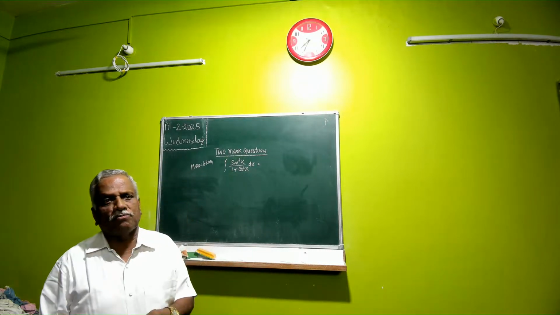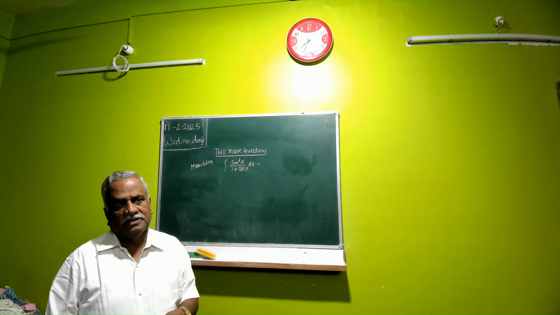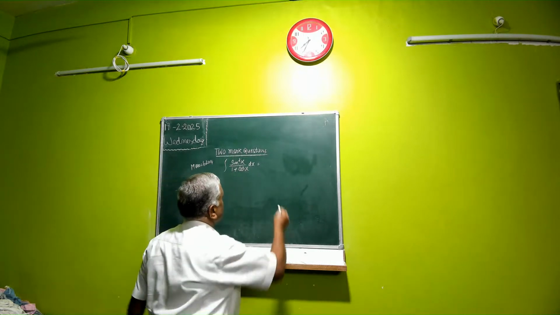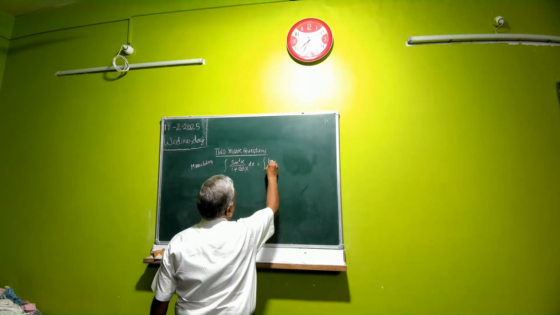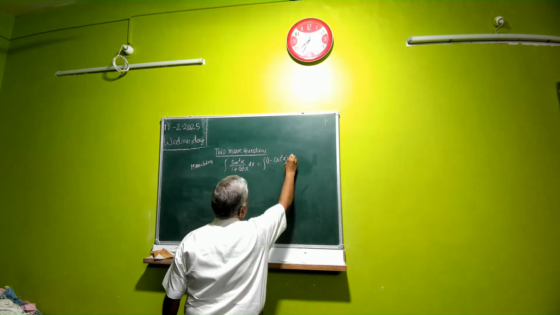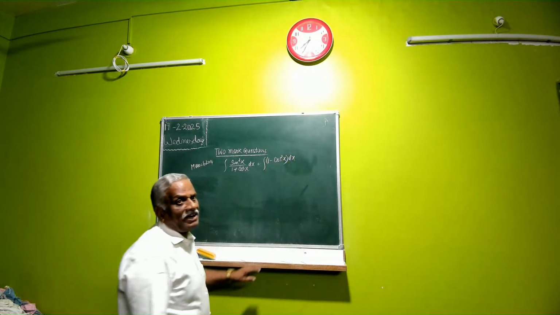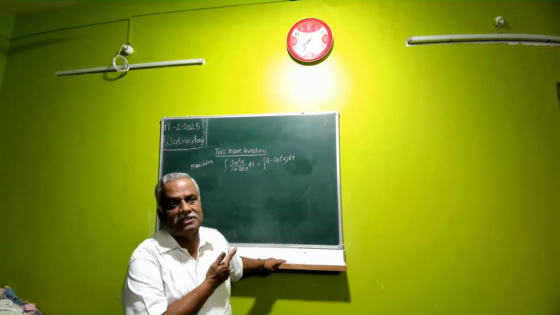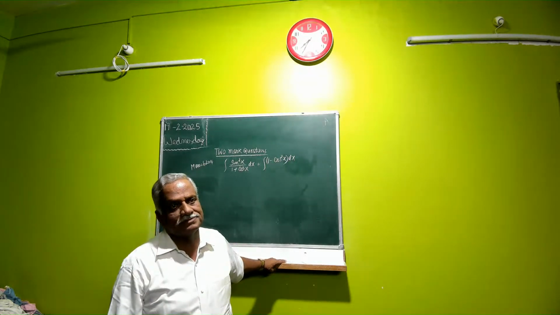A very simple problem if you know the formulas of trigonometry. What is sin square x? It is 1 minus cos square x. The reason behind working the examination problems is that you become familiar with these kinds of problems.